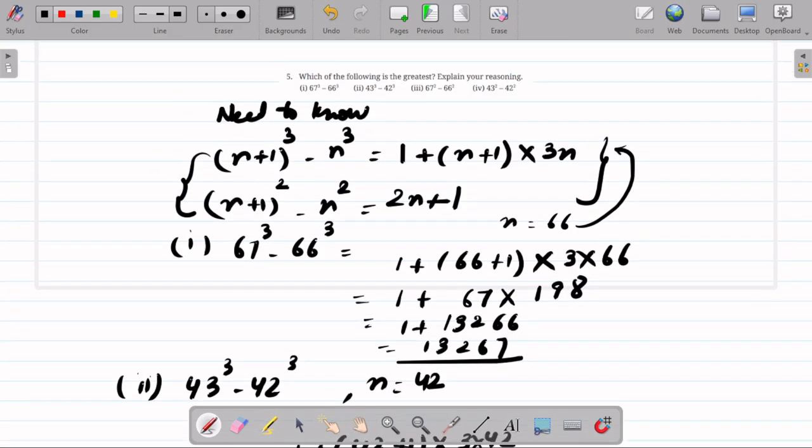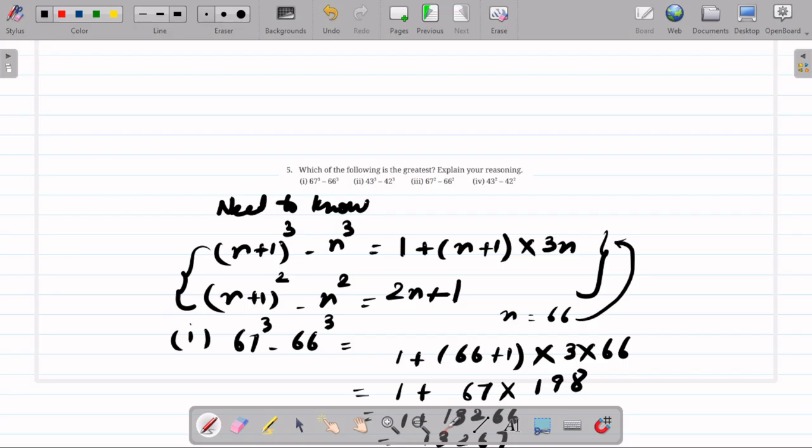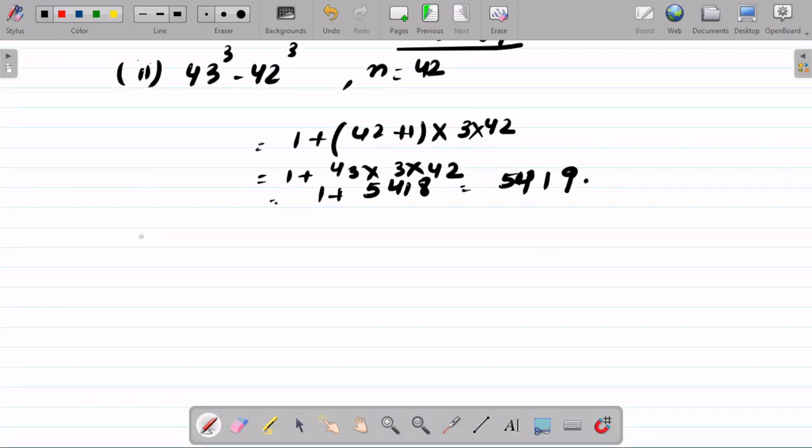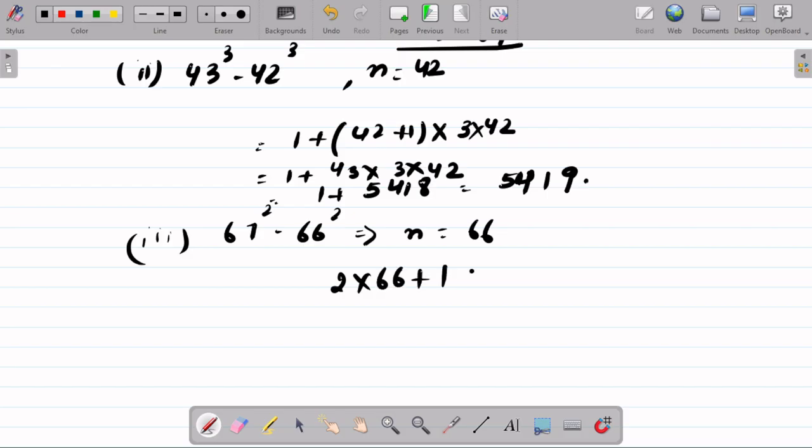And for the third part you have 67 square minus 66 square. So we'll use the formula. The value of n here is 66, right? So the formula is 2 into 66 plus 1.